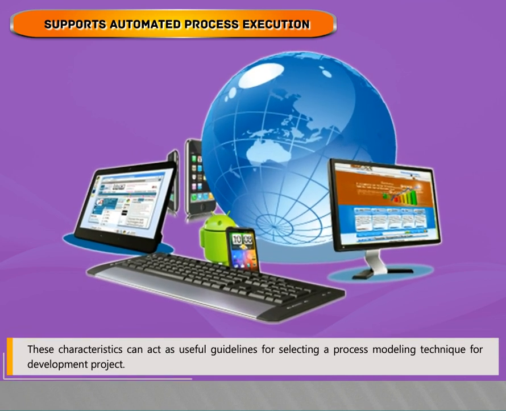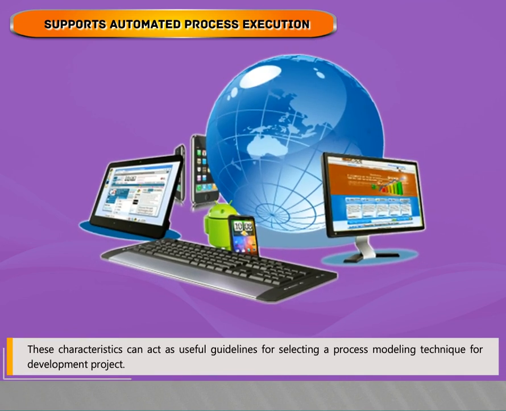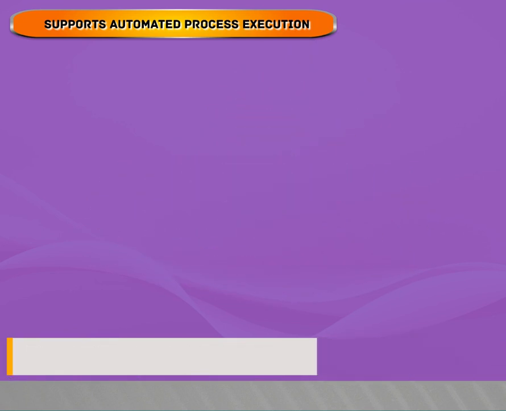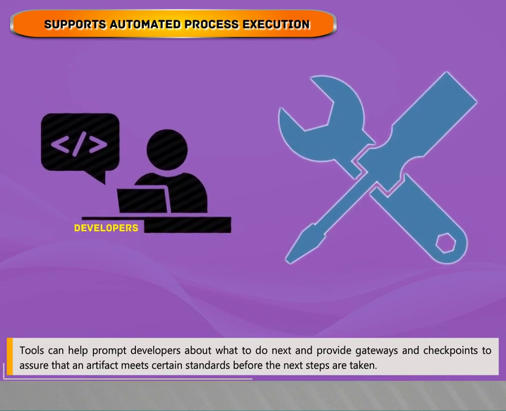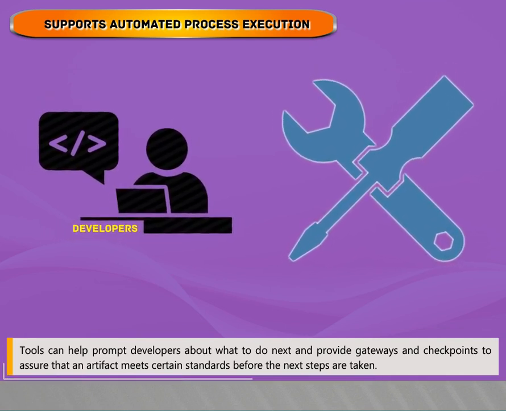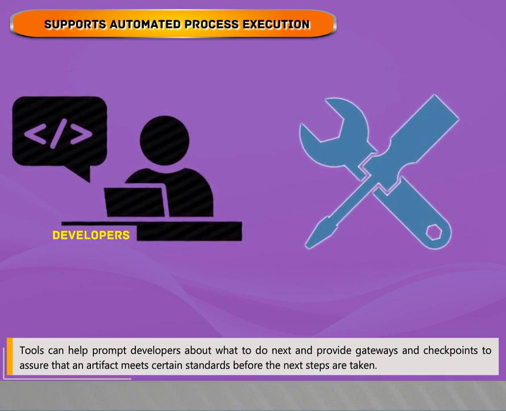These characteristics can act as useful guidelines for selecting a process modeling technique for a development project. Tools can help prompt developers about what to do next and provide gateways and checkpoints to assure that an artifact meets certain standards before the next steps are taken.